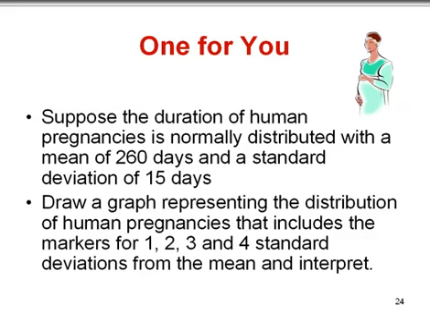Here's one for you. Read the question, then pause the video and draw your own very detailed graph. Human pregnancies are normally distributed with a mean of 260 days and a standard deviation of 15 days. Now pause the video and sketch a graph that uses the percents mentioned in the empirical rule.